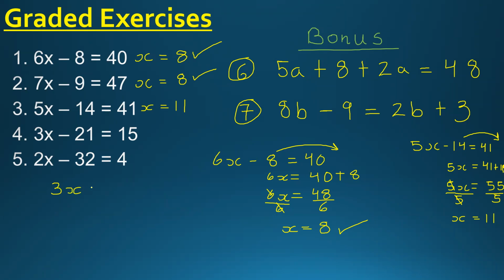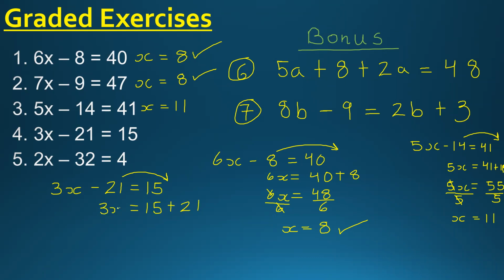So go ahead, Shekinah, for this one. Okay, so 3x equals 21 plus 15. And then after you add it, 15 plus 21 equals 36.